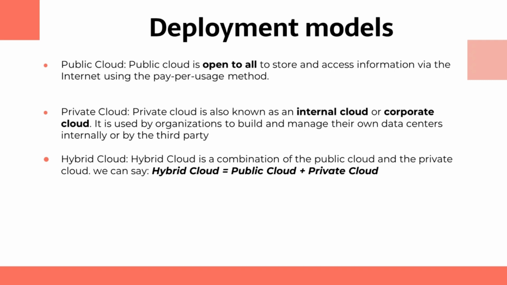So public cloud is open to all to store and access information via internet using the pay-per-usage method. As I already said, AWS is the best example for public cloud. Any user can create his own account on AWS, and he can store his data and access the information via internet, but he's going to pay what he has used.